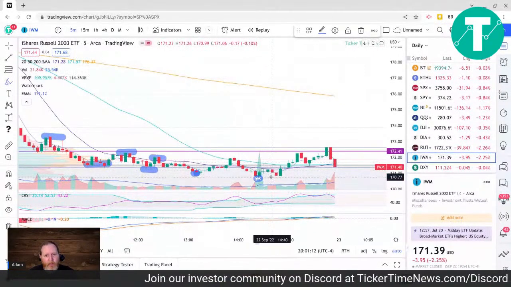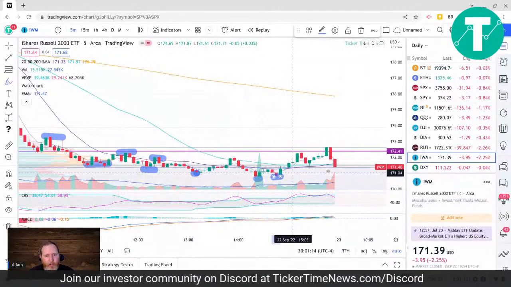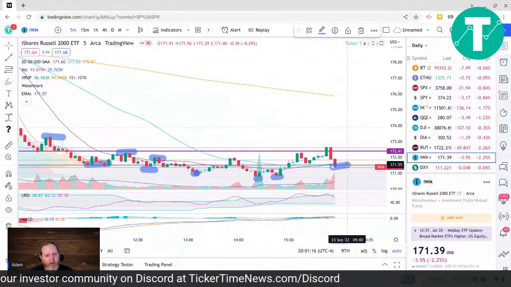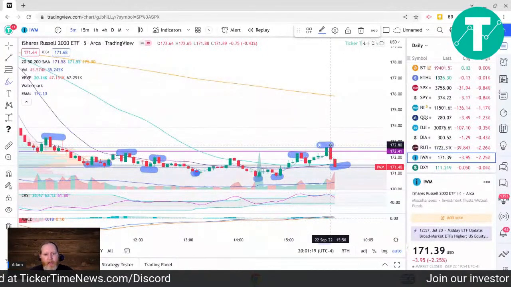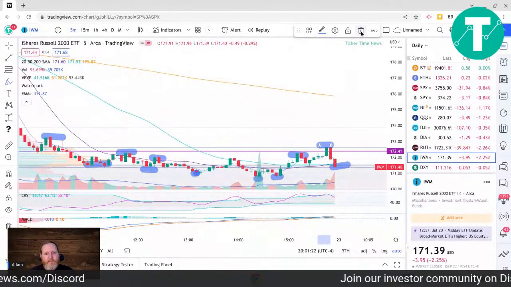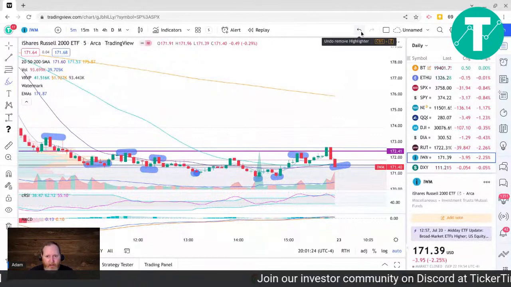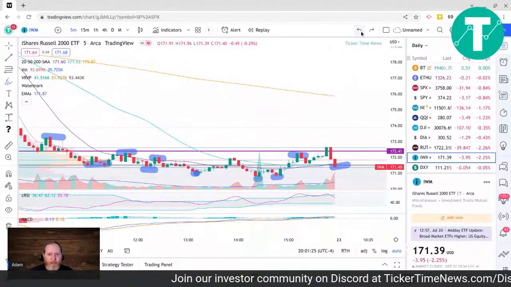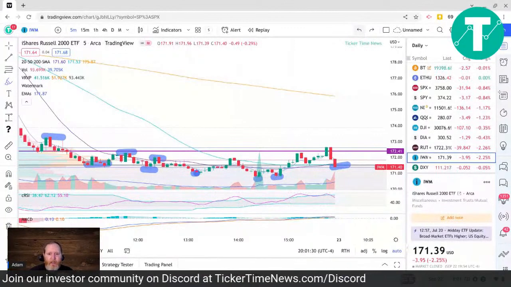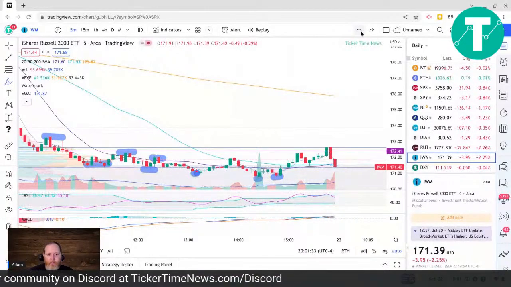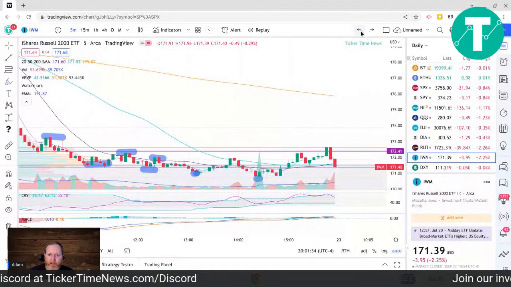Then we made a higher low, and closed off with a higher low, a higher high, a higher high. That is positive in my eyes. So the afternoon was more constructive on the bullish side, where this morning was definitely more towards the bear side.